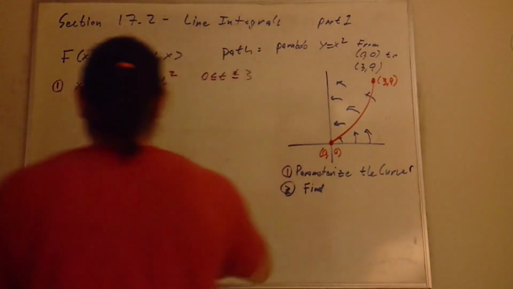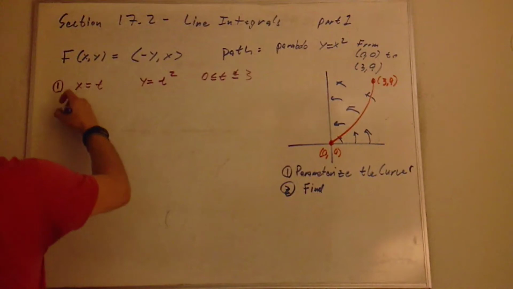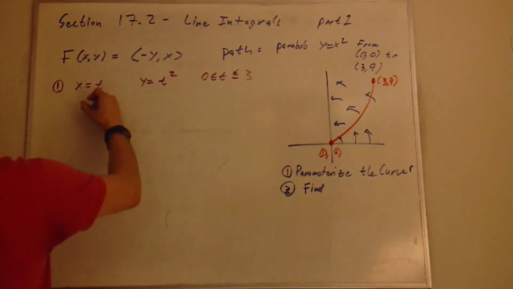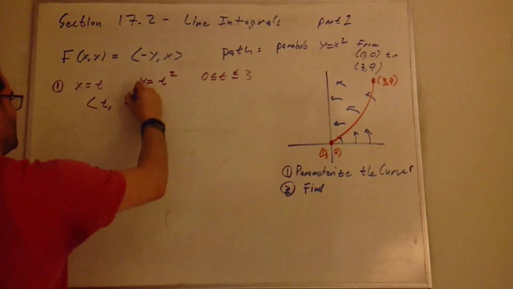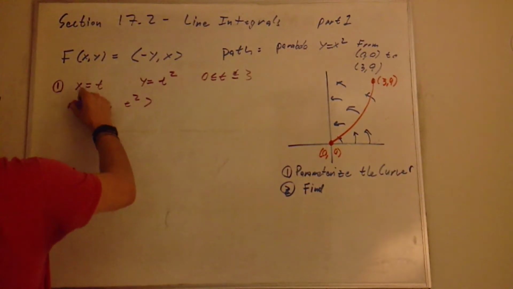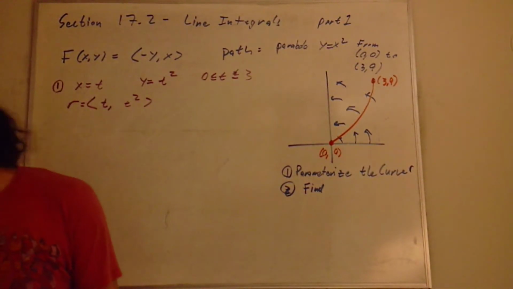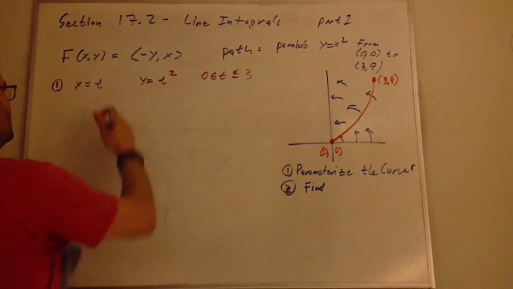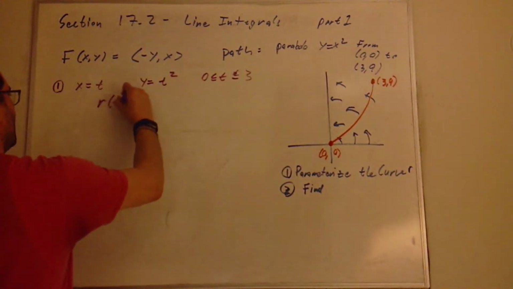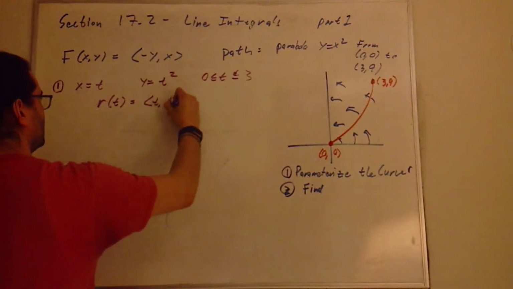Oh, I guess I'm not quite done here. I should write this curve as a vector. So if x equals t and y equals t squared, this is r. Or let me write this as r of t. R of t equals t comma t squared.